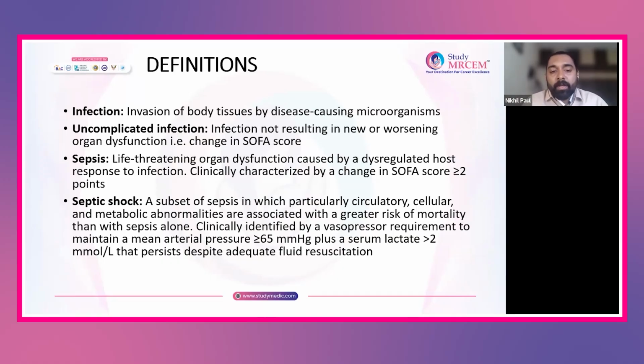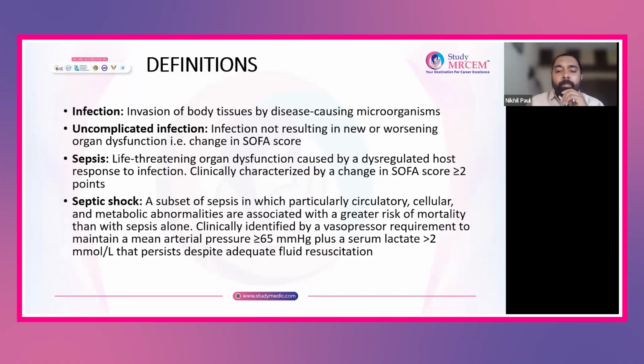On the other hand, septic shock is defined as a subset of sepsis in which particularly circulatory, cellular, and metabolic abnormalities are associated with a greater risk of mortality than with sepsis alone.